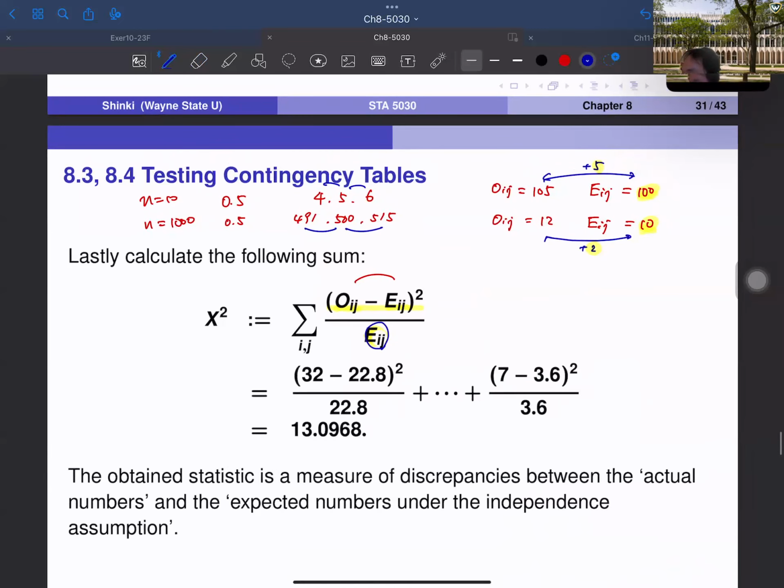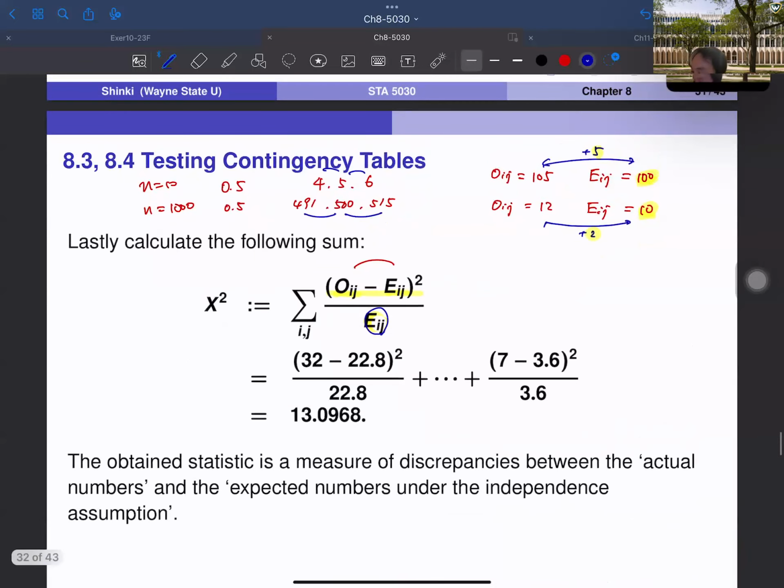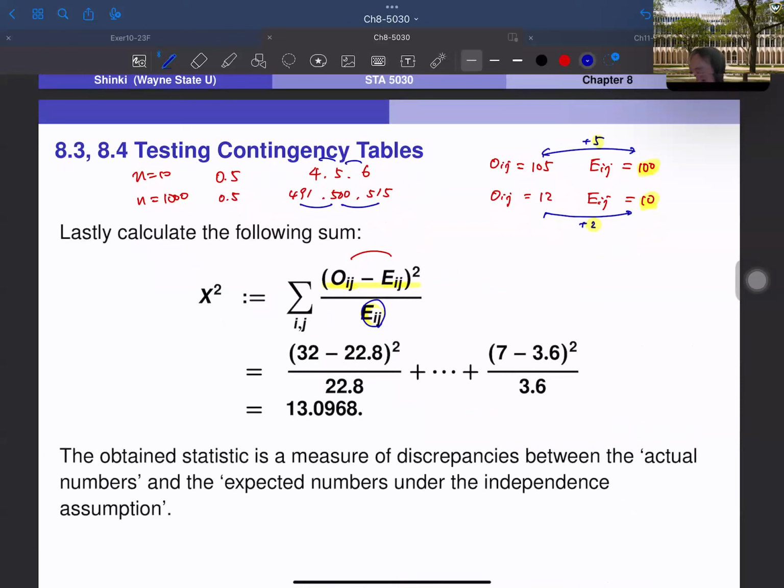Yeah, so basically the variance of some random variable is proportional to the inverse of the sample size. So we use that fact to justify this E_ij. Okay, so we take the difference between O_ij and E_ij in the first cell, the upper left cell.